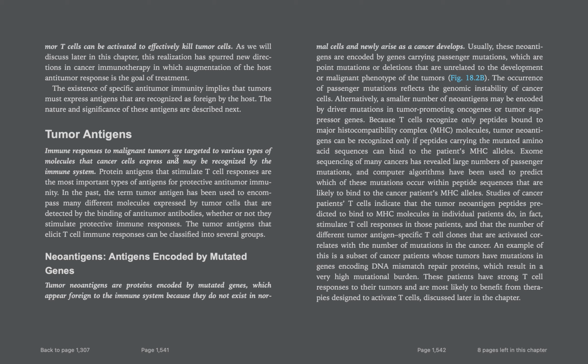Usually, these neoantigens are encoded by genes carrying passenger mutations, which are point mutations or deletions that are not related to development of the malignant phenotype of the tumor. The occurrence of passenger mutations reflects the genomic instability of the cancer cells. Alternatively, a small number of neoantigens may be encoded by driver mutations in tumor-promoting oncogenes or tumor suppressor genes.